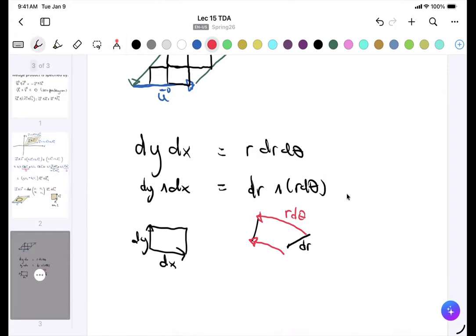But what I'm saying is that the change of variables formula says that those two things are really basic. So when you do all these things in multivariable calculus, there is a more elegant way to do it with this wedge product business.